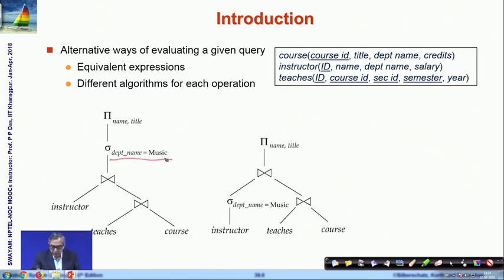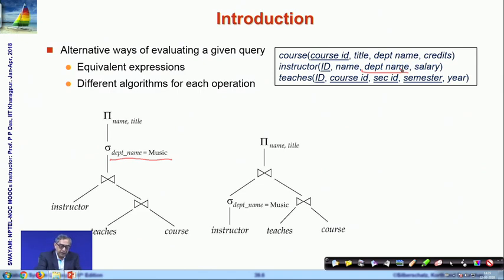If we look into these relations, we can easily figure out that instructor has the department name attribute. So, after this join, if a tuple has to qualify through this selection, then the department name of that joined tuple in the instructor relation must be music, otherwise it will not get selected.